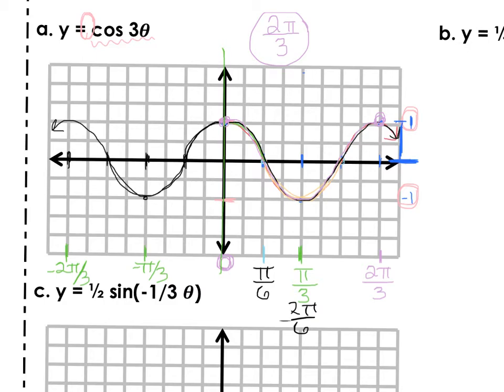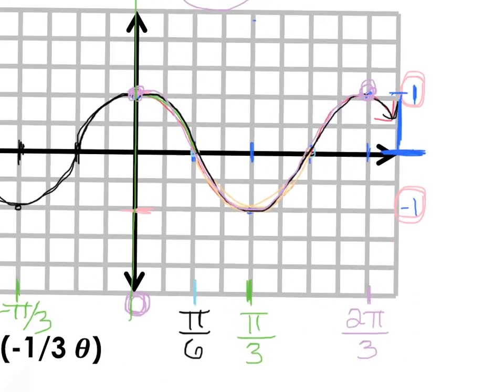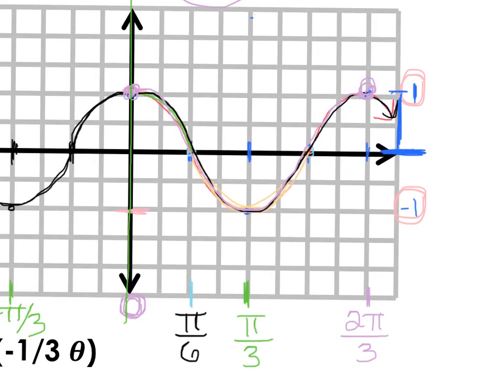Notice that every 2 blocks represents a unit of pi over 6. So this is a distance of pi over 6, and we're adding pi over 6 to get to each of the new spots. Pi over 6 plus pi over 6 is 2 pi over 6, which is why it's pi over 3.